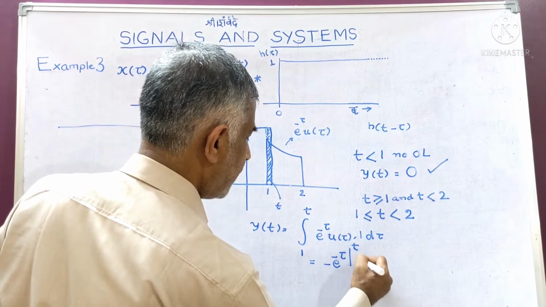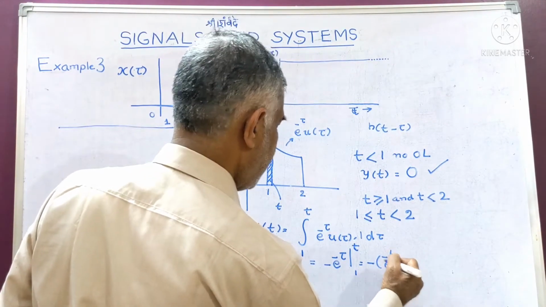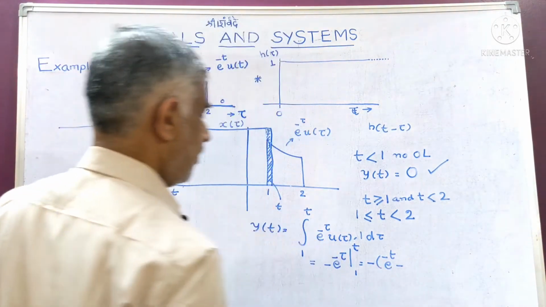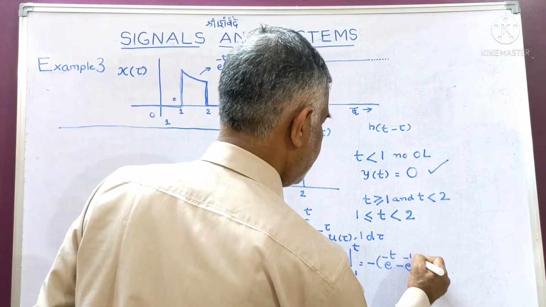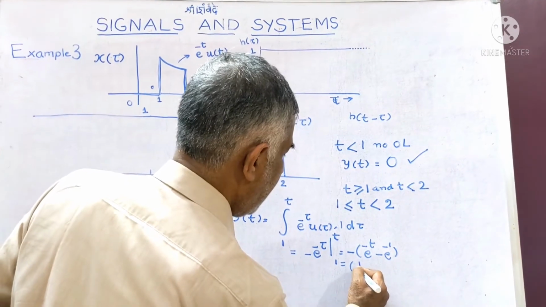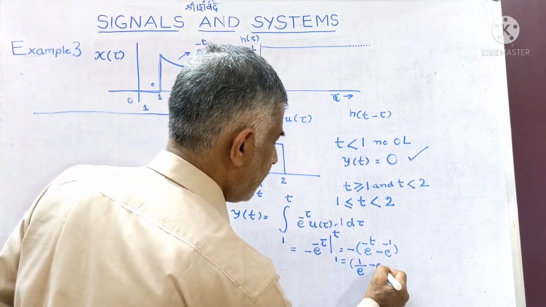That is minus e power minus t minus e power minus 1. That is 1 by e minus e power minus t.